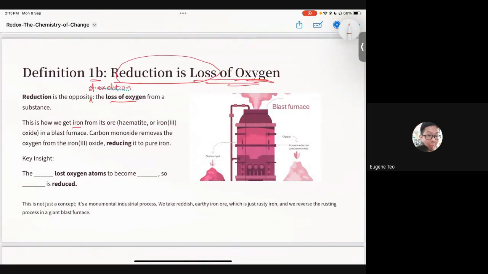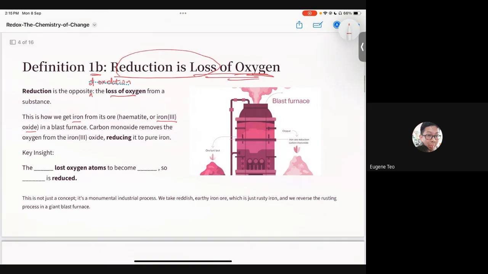We're going to look at this statement here. Iron can be obtained from iron 3 oxide in a blast furnace. Carbon monoxide removes the oxygen from the iron 3 oxide, reducing it to pure iron. So what lost oxygen atoms? Fe2O3, which is the iron 3 oxide, lost oxygen to become iron, Fe. So I'll write down this equation: Fe2O3 plus CO gives me Fe plus CO2.